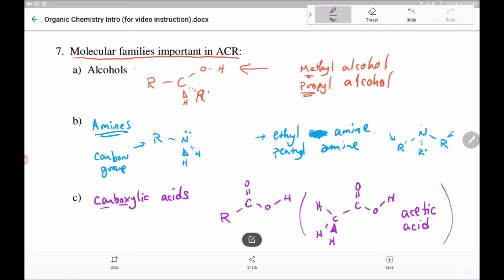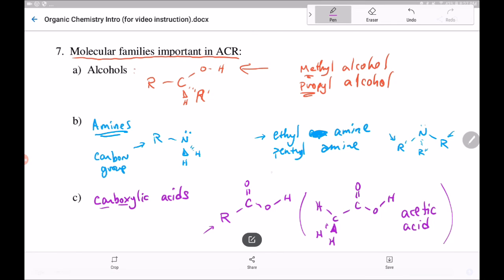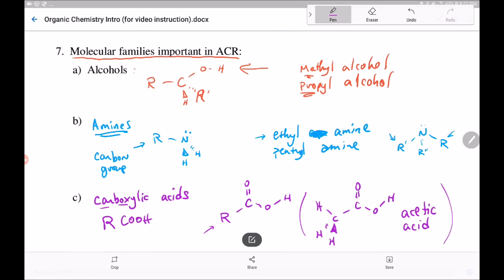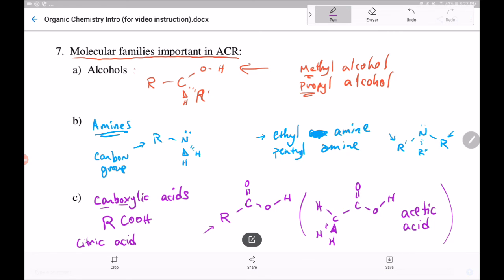And we can make it more complicated by changing this R group. We could make it be 17 carbons. If it has the COOH, it is still a carboxylic acid. Other carboxylic acids you would recognize by name: citric acid, which is found in lemons and oranges and limes.